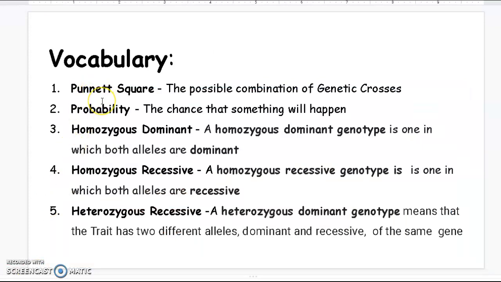Now, a Punnett square is used to figure out the possible combinations when there is a genetic cross. So when two parents cross their genes to form an offspring, you need to be able to figure out what the possible combinations are.